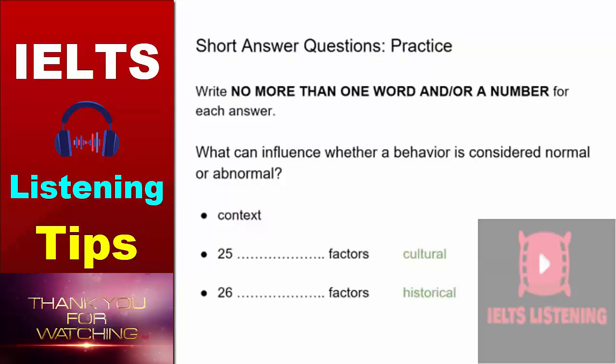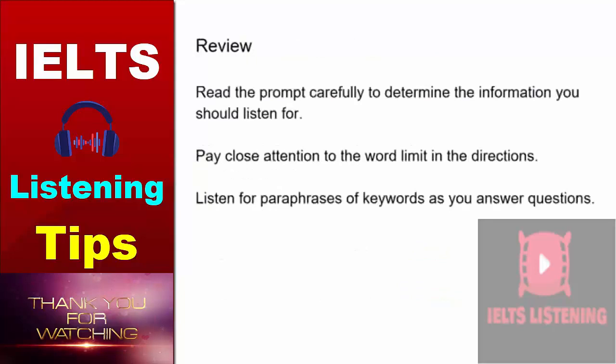Okay, shaping our views and what can influence are paraphrases there, and they're related to the correct answers we got down below, cultural and historical factors. As we predicted, cultural and historical are adjective forms, so these are adjectives going in front of the word factors that give us the correct answer for 25 and 26. Okay, so that's how to approach short answer questions.